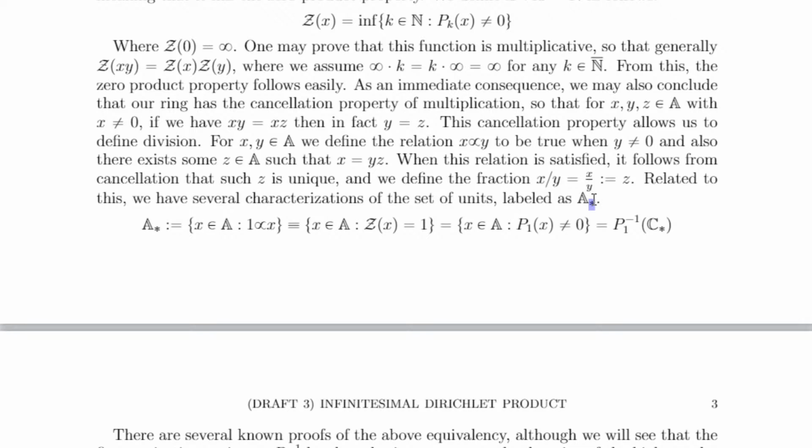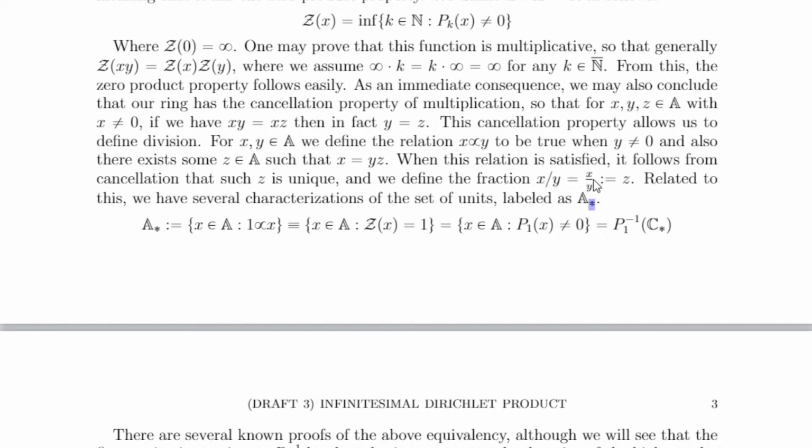Usually you'll see R star or C star as the set of non-zero real numbers or non-zero complex numbers, respectively. Instead of interpreting that as the set of non-zero elements, we're going to interpret it as the set of units, the set of things which you can divide by. Of course, for complex numbers and real numbers, 0 is the only exception.